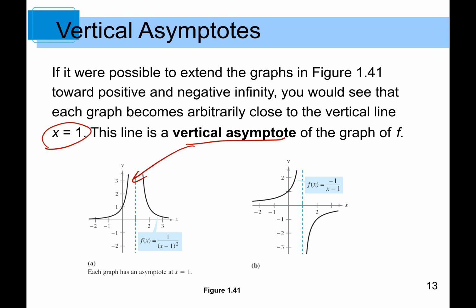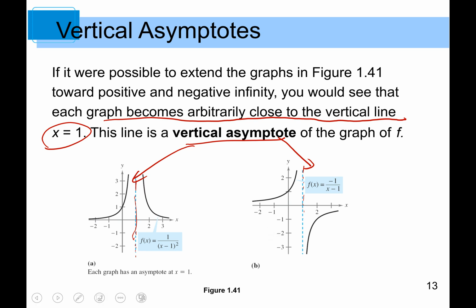This is a vertical asymptote, and this is a vertical asymptote, the dashed line, right? This dashed line, this dashed line. Okay, and this is basically the definition of the vertical asymptote. The graph becomes arbitrarily close to the vertical line.